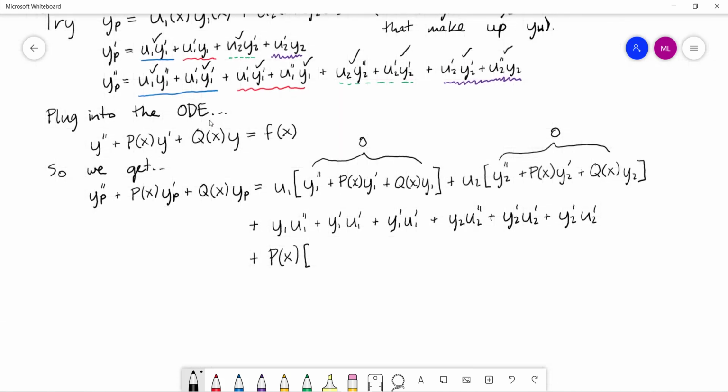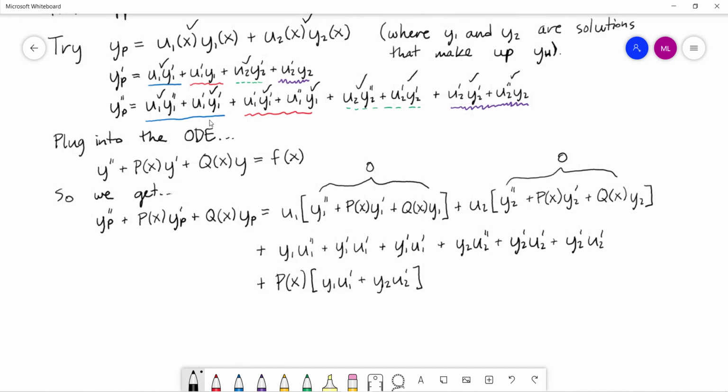So it's, what is it? y1 u1 prime plus y2 u2 prime. I think I got them all. Okay. So we've accounted now for every single term.